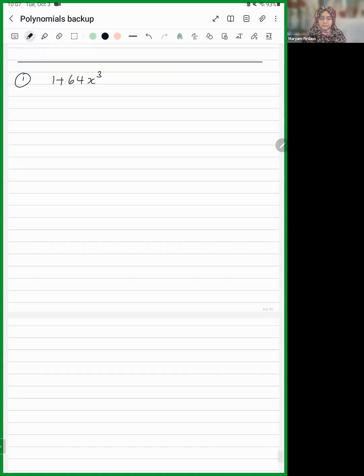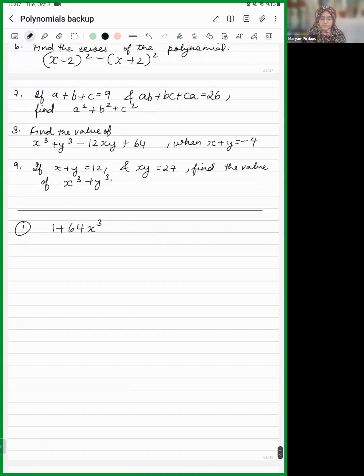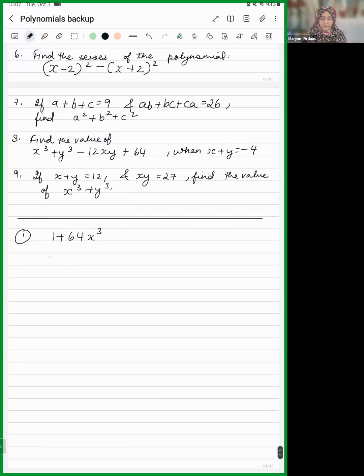Ma'am, I just put that into the identity a plus b cube. A cube plus b cube. What is the identity? No, ma'am, a plus b whole cube.